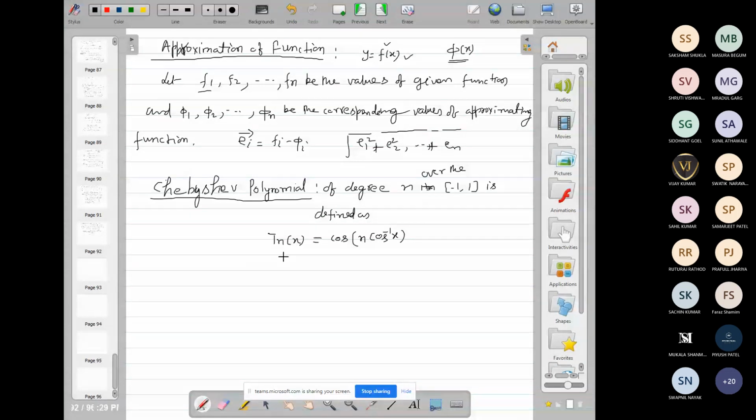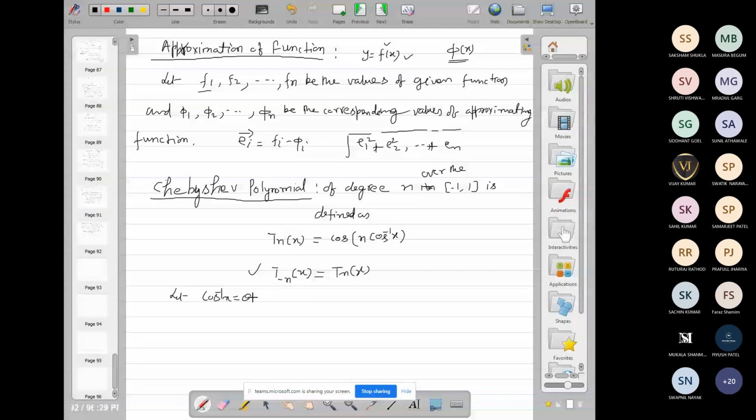And from this relation, we see that it is symmetric. T(-n)(x) equals Tn(x). You can check. If we put n equal to minus n, then we obtain the same function, cos(-theta) equals cos theta. So it is symmetric. And let cos inverse x be equal to theta.